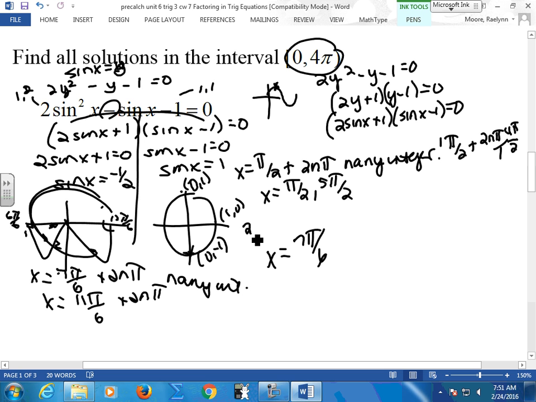And 2n pi, what do I have to convert to? What denominator? 6. So I'm going to add 12 to 7. What's 12 plus 7? 19. Then I'm going to start with this guy. What am I going to add to 11? 12, which makes it what?